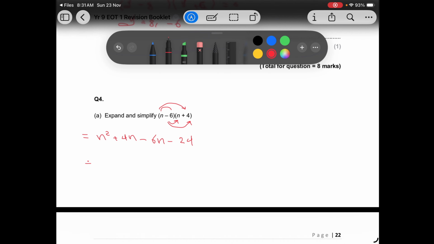Okay, and here there's every possibility to combine these similar terms. We call them similar because we have the same variable part, which is n, different coefficients with the same power, of course. So it will be n squared, then 4n minus 6n, it will be minus 2n minus what? Minus 24, like this.